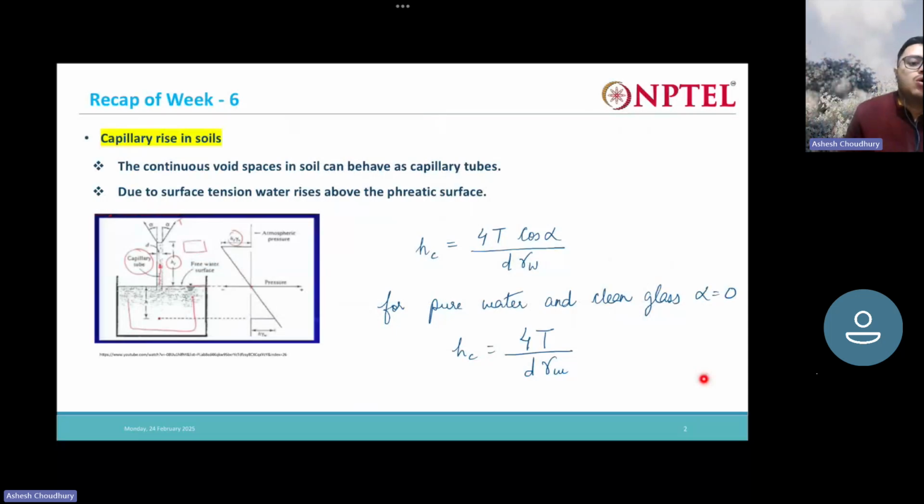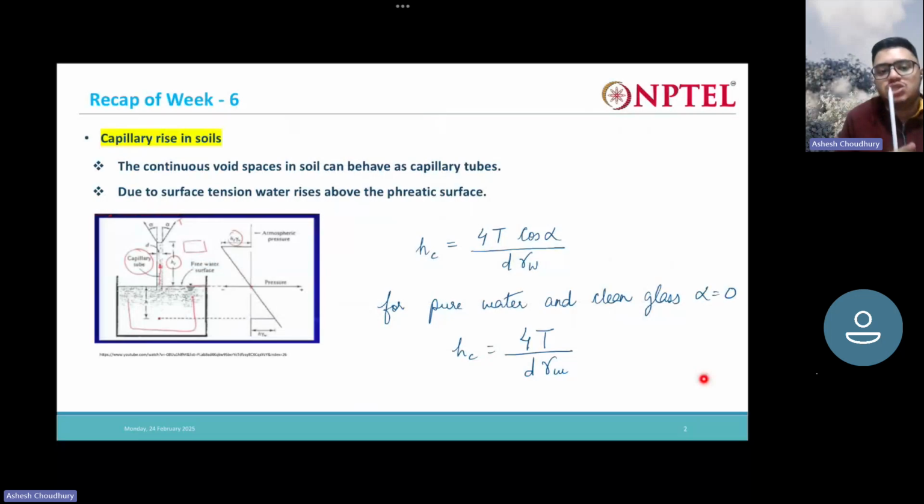When you have a glass of cold drink and you put your straw into it, the cold drink rises up through the straw a bit, right? This property is known as capillarity.